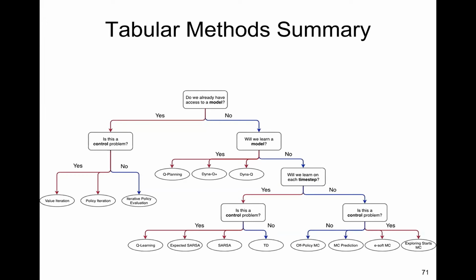TD can only be used for policy evaluation, not control, because it evaluates the V, not Q, and you cannot go from V to Q without a model. Whereas Sarsa and Q learning learn the Q directly, so you can use them to get the greedy policy by argmax.